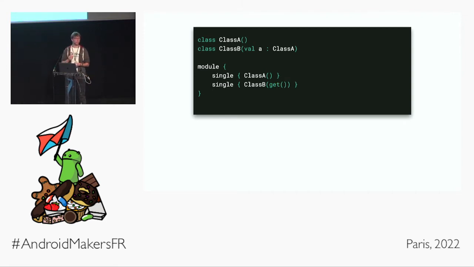In a few keywords, this was the magic of Koin, you can describe mostly everything for your application. And even for people that don't know the technology, you just read, and mainly you understand, and you can quickly work with that.